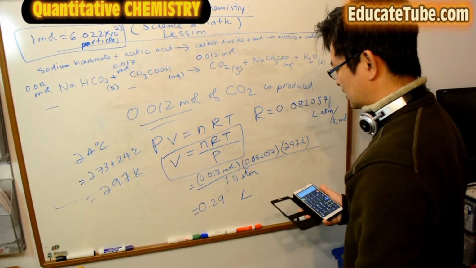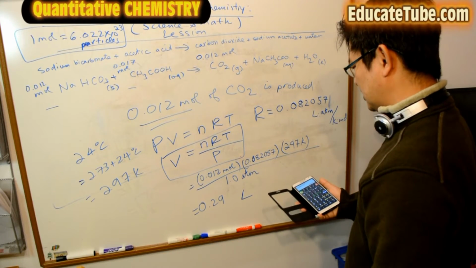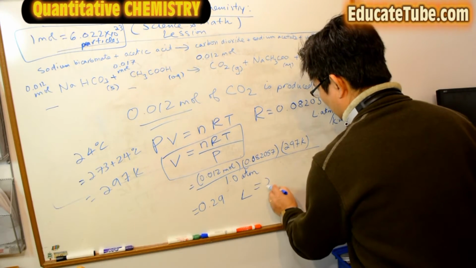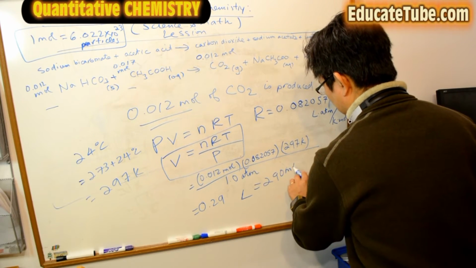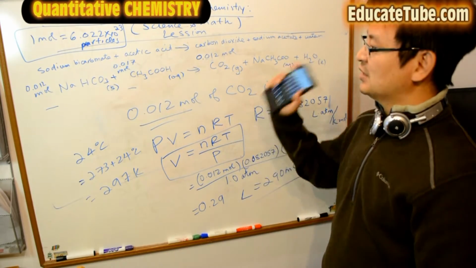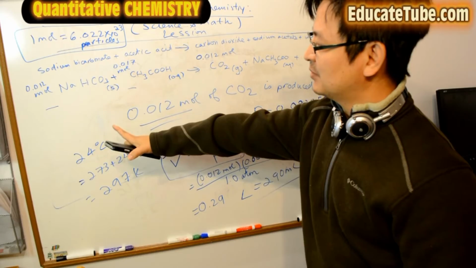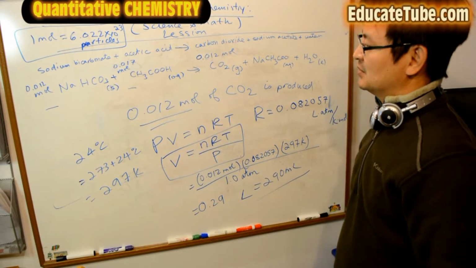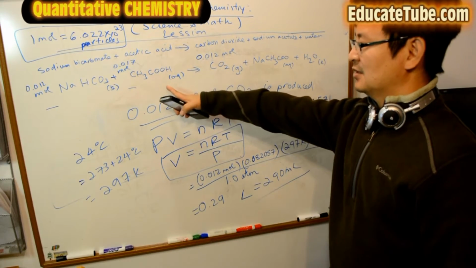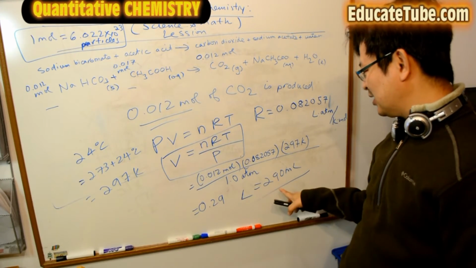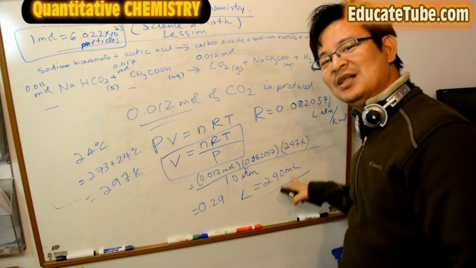So we're going to leave two significant figures. So 0.29 liters, or that's 290 milliliters. That's how much gas will be produced using 1 gram of sodium bicarbonate and 20 mL of acetic acid, 5%. In theory, we should get 290 milliliters.